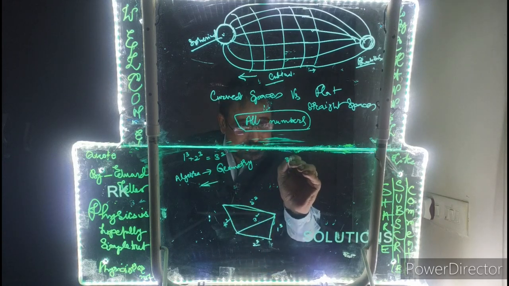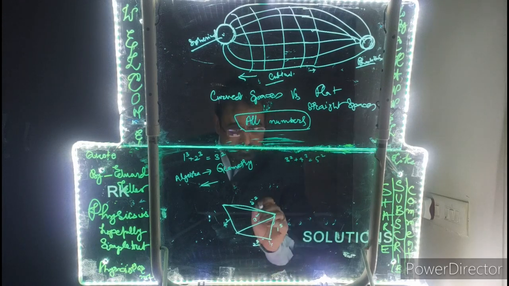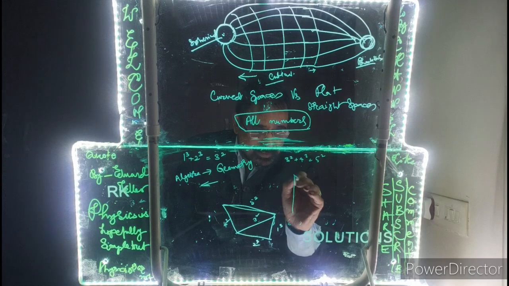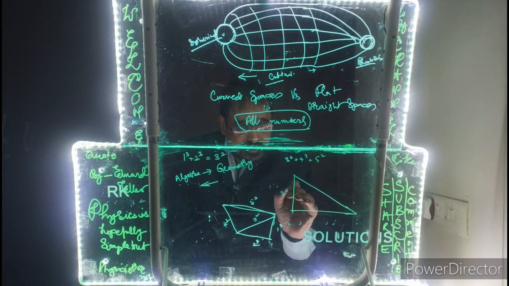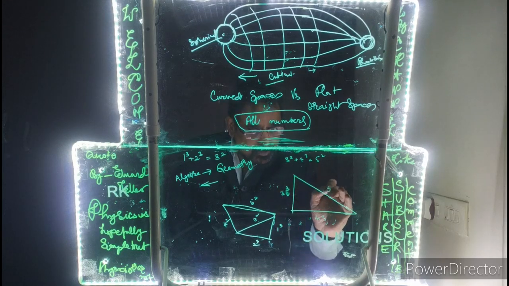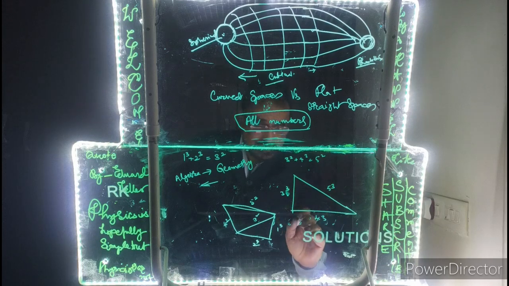Now, the second one was 3 square plus 4 square equal to 5 square. And above this, there is one more triangle we'll come up with: 3 cube, 4 cube, 5 cube. In this case, it is not actually the 3D Pythagorean theorem, because the square root of the sum of these two doesn't give 5 cube, right?